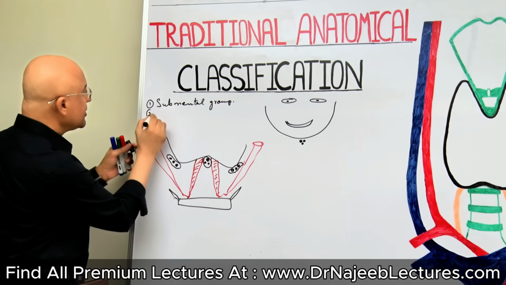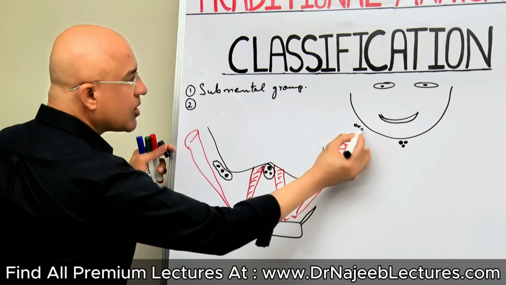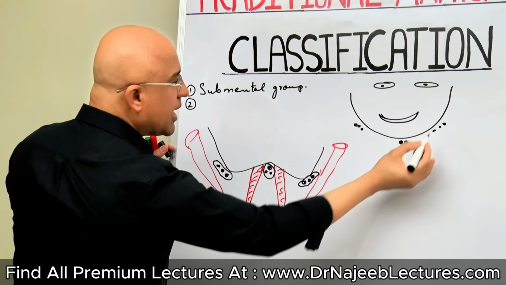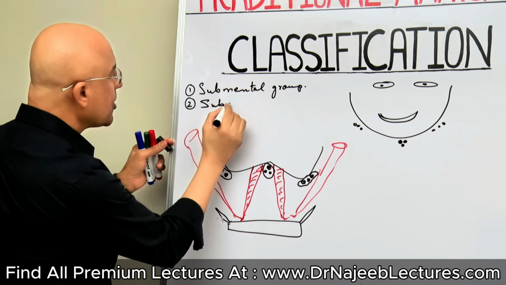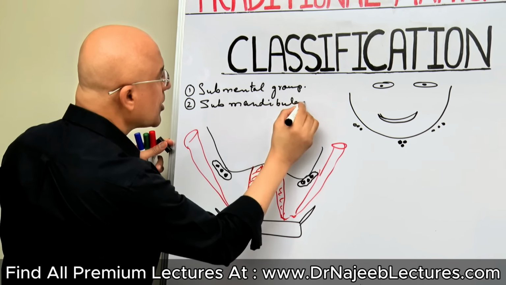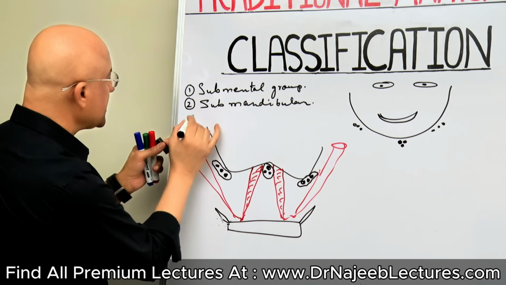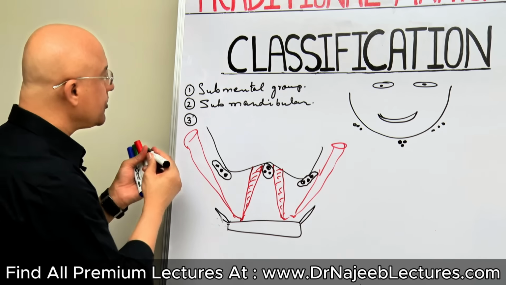So we have done the submental group, then the submandibular group, and now I was talking about the superficial group, the third one, which I discussed with you, along which veins?